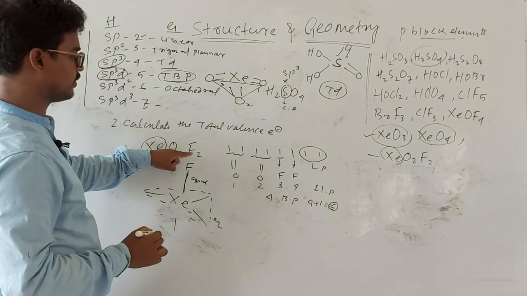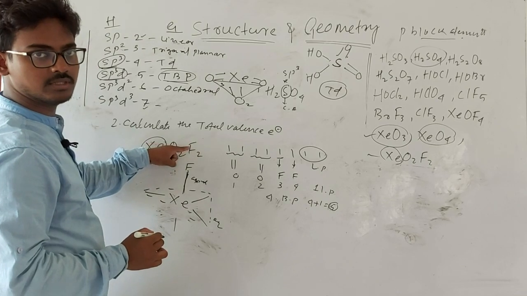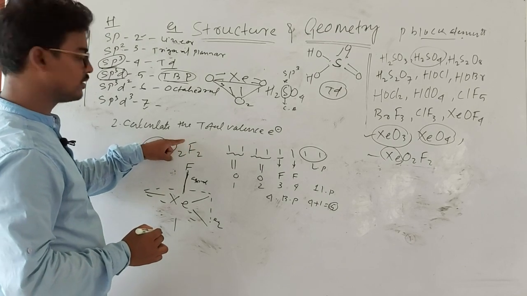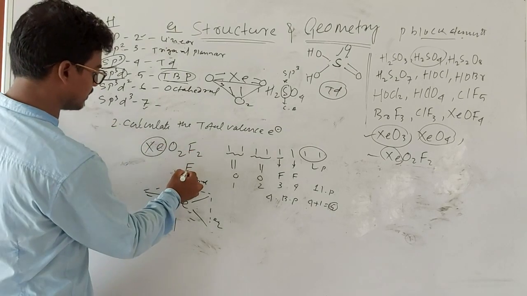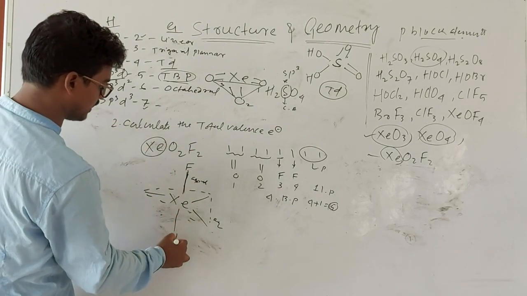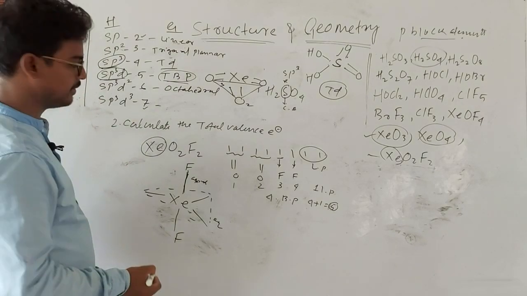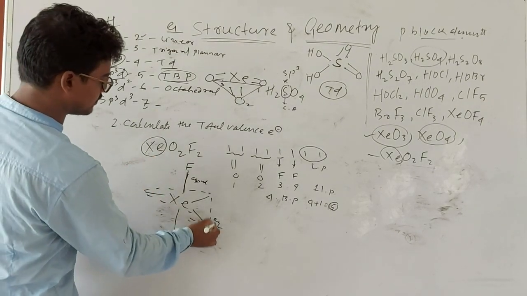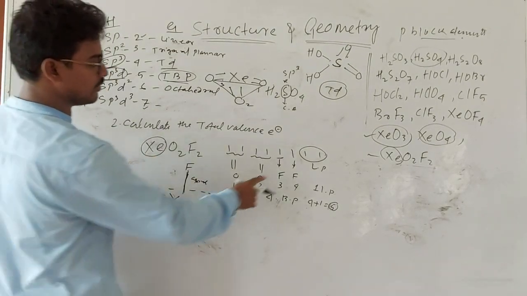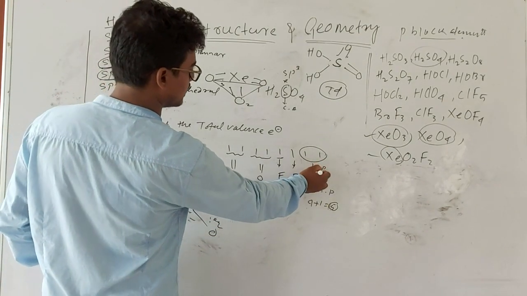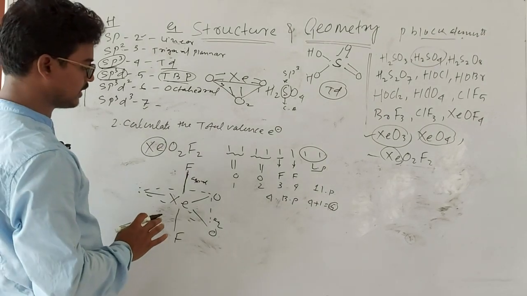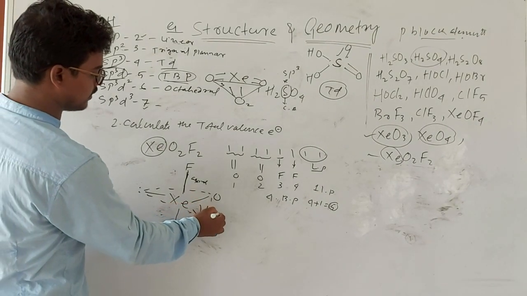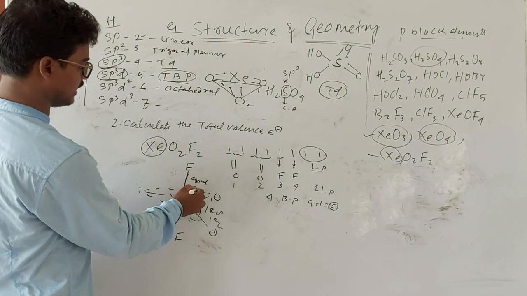Among oxygen and fluorine, fluorine is the most electronegative element. So fluorine will remain in the axial position. As 2 fluorines are there, one will be above and another below. And the other 2 oxygens will be present, and one lone pair is also there. Therefore I will keep this lone pair as it is. And here 120 degrees and here 90 degrees.